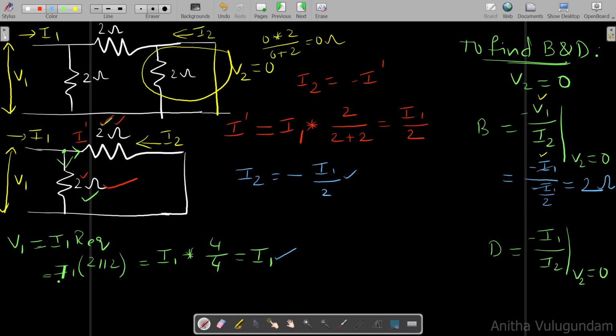Coming to the value of D, D equal to minus I1 by I2, minus I1, and I2 can be substituted like this, minus I1 by 2. I1 gets cancelled, D equal to 2. D is a current gain parameter, so it is a dimensionless quantity.